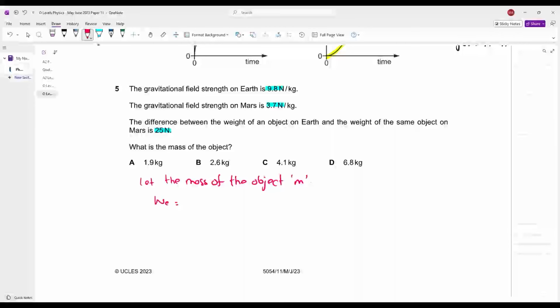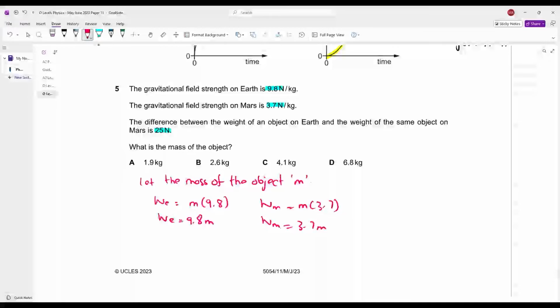How will you calculate the weight on Earth? Mass m into the gravitational field 9.8. That is 9.8 m is your weight on Earth. How will you calculate the weight on Mars? Weight on Mars is equals to m into 3.7. That comes out to be 3.7 m is your weight on Mars.